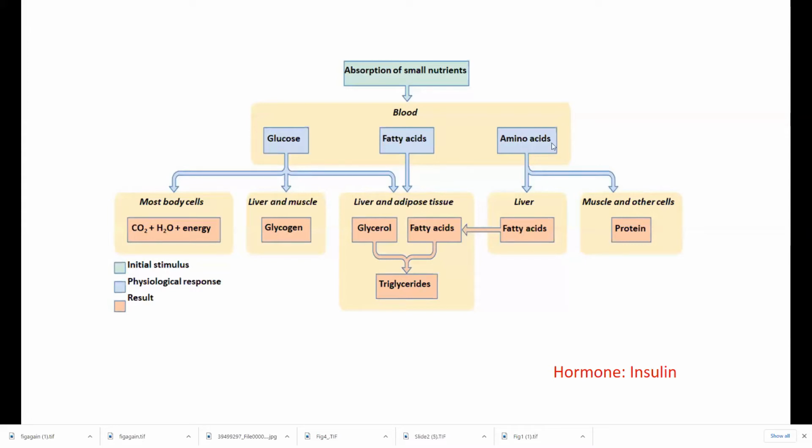Our amino acids are going to help us build up protein, mainly in our muscle cells. The amino acids are also going to go to the liver, where they'll be converted to fatty acids that can then be converted to fat as well. So basically, we're just building up lots of stuff. So this is basically an anabolic state, right? We're building up things bigger.